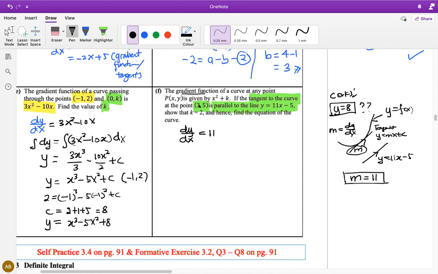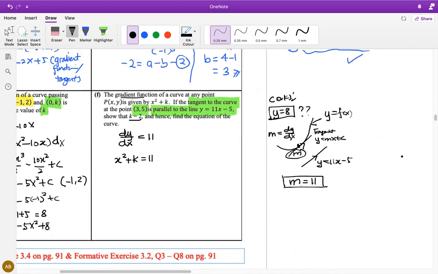And then my gradient function is x squared plus k equals to 11. Right, so I want to find k. So because k is 2, so how to prove? So I substitute 3, 5 in, because only at this point the m is the same as 11. Because at this point, the tangent, that is y equals to mx plus c, is parallel to y equals to 11x minus 5.